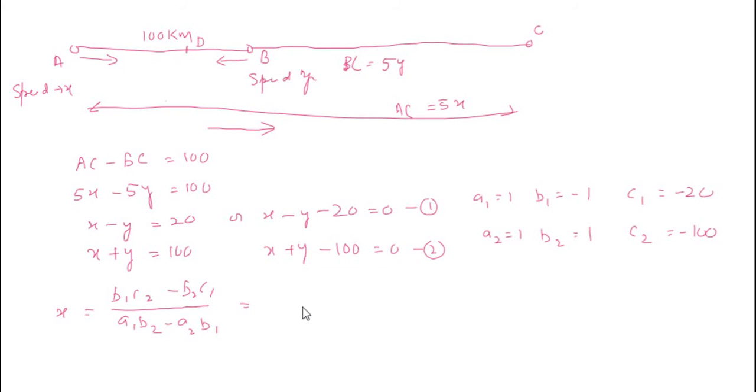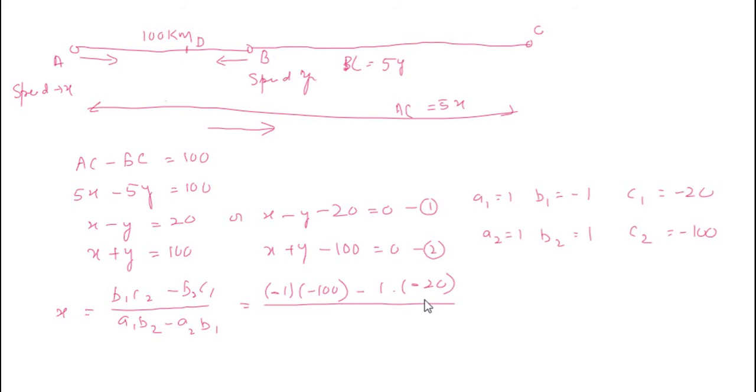Now b1 c2, b1 is minus 1, c2 is minus 100, so minus 1 into minus 100, minus b2 c1, b2 is 1, c1 is minus 20, so it is 1 into minus 20, divided by a1 b2.